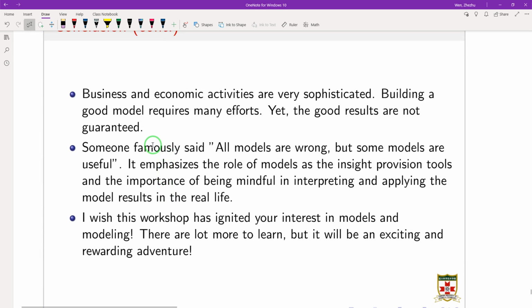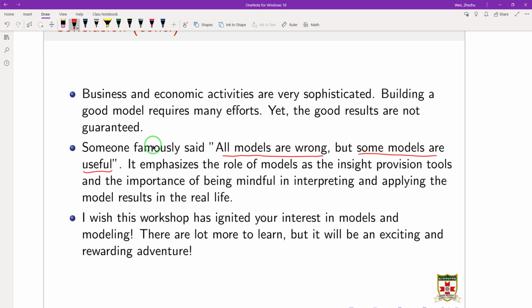Business and economics activities are very sophisticated. Building a good model requires many efforts, yet good results are not guaranteed. That is a sad reality, but that's also something that makes modeling very fun. It's doable, but there's a certain level of challenge there. Someone famously said, all models are wrong, but some models are useful.